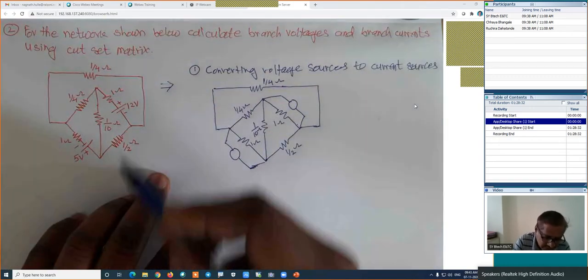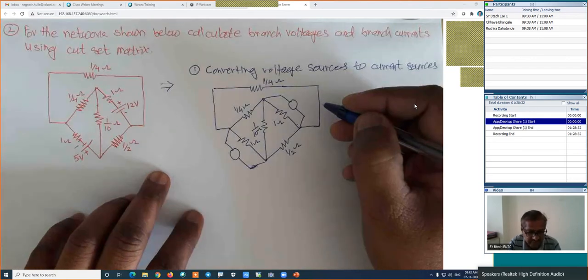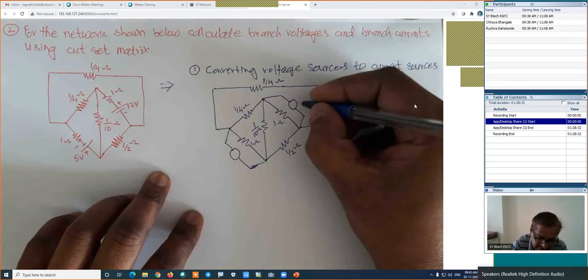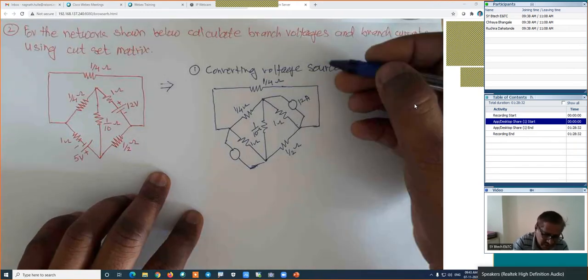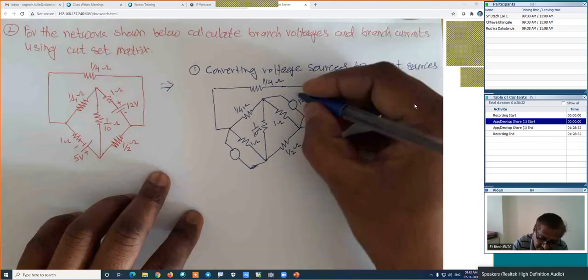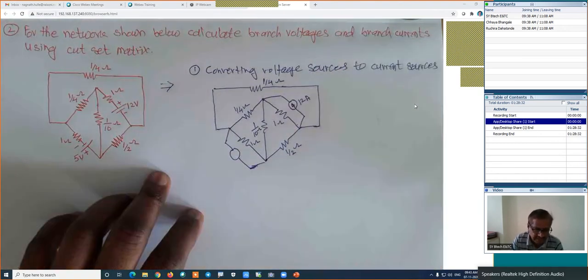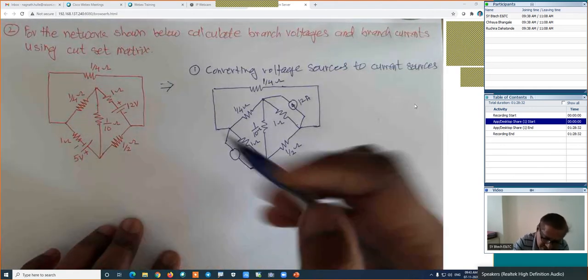And we are converting this voltage source into the current source. Then how much is its value? I is equal to V upon R. This 12 upon 1 is nothing but 12 amperes. This is 12 amperes. And how is the direction? The positive terminal is on the upper side, so the direction is upward. Is it right? At the same time, I am calculating the value of this current source also. Its direction is downward.